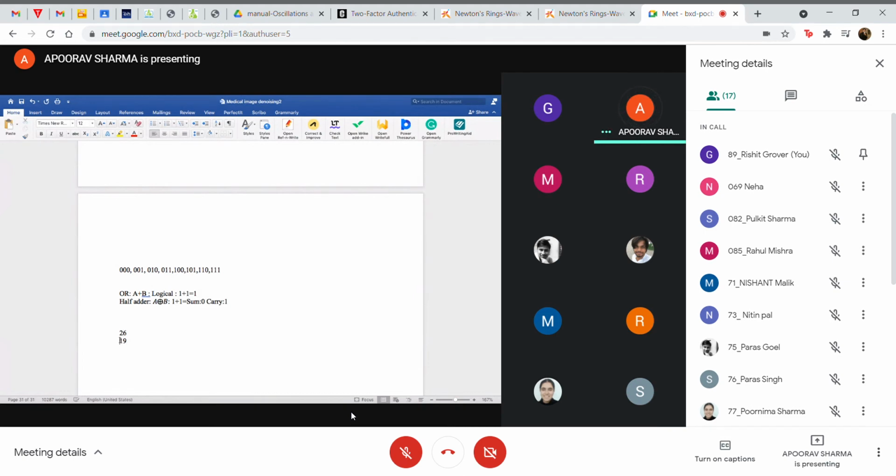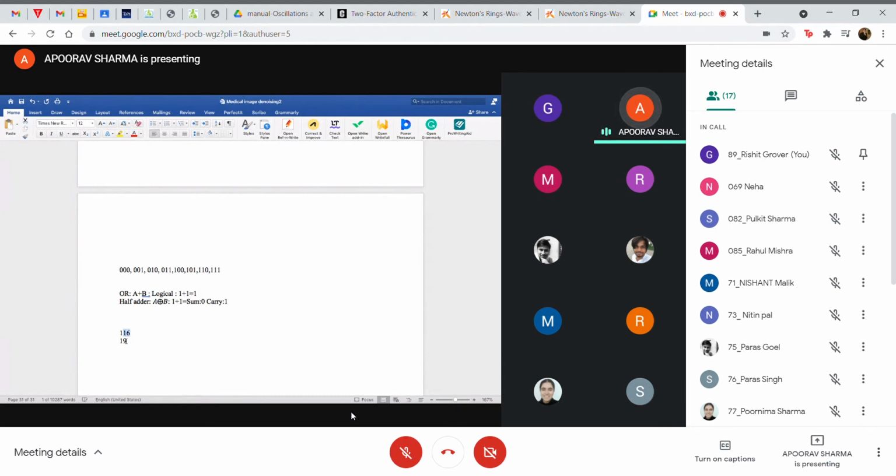What you do is take one borrow from here, so here it becomes 16, and that one taken borrow goes to the previous place.